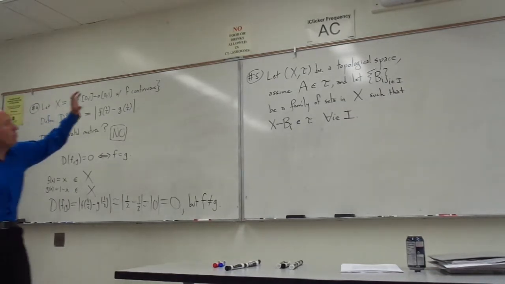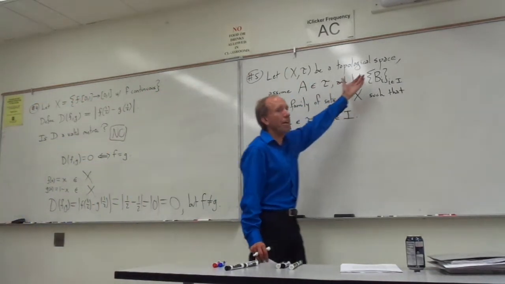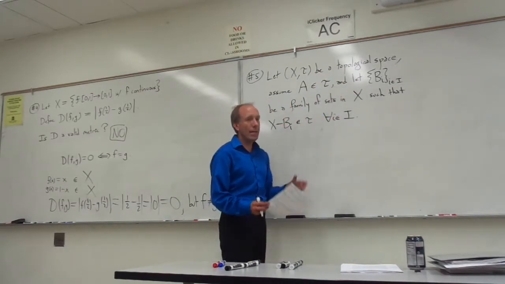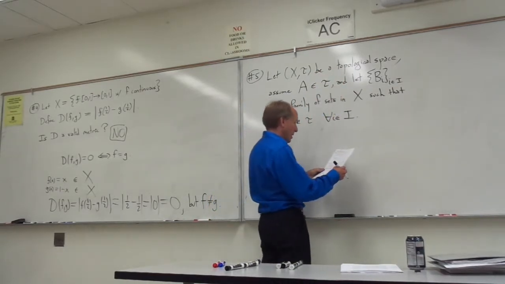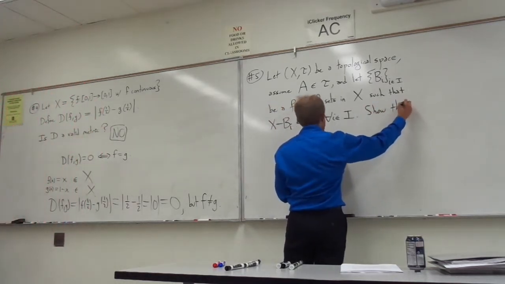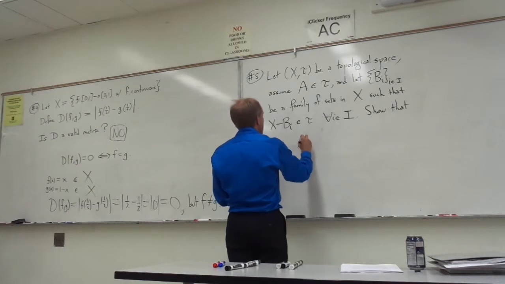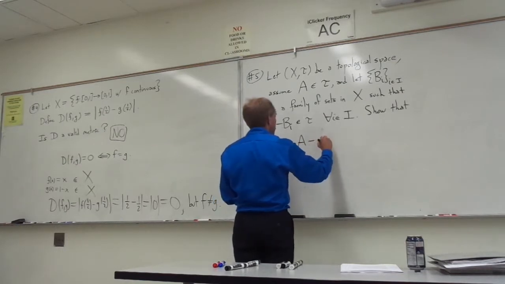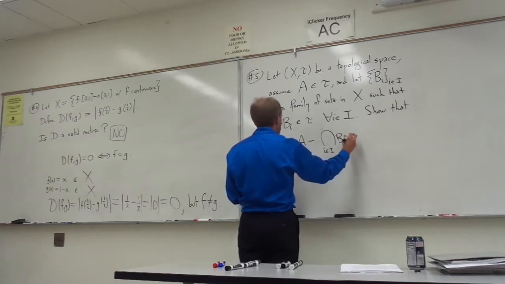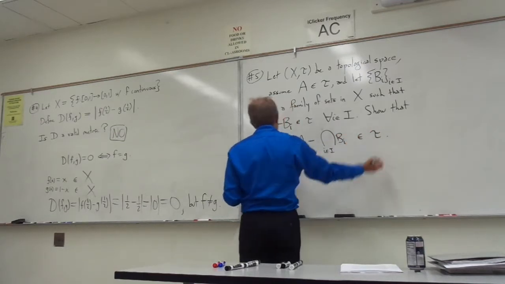So you have one set that's in tau. You have a whole other family where every complement is in tau. And then I want to show that A minus the intersection, where i is in capital I, of B sub i, is in tau.